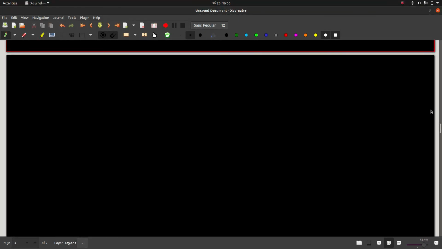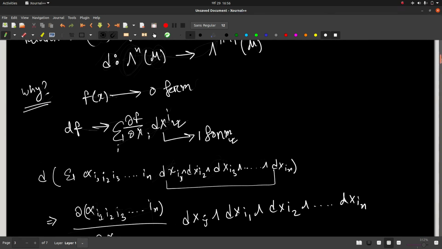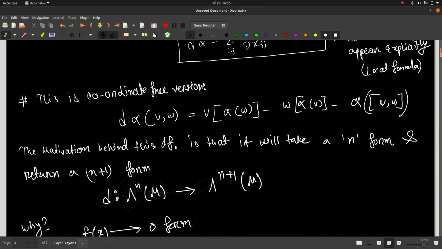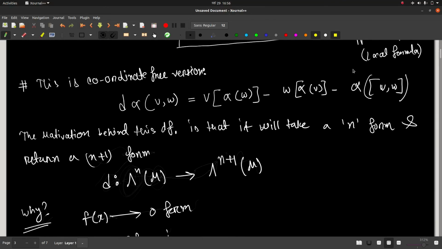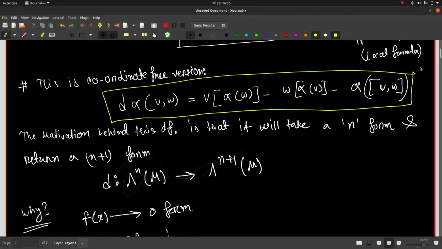We wrote it a while ago, so let me get back to that. This one is the coordinate free way of writing the exterior derivative. So what does it mean?